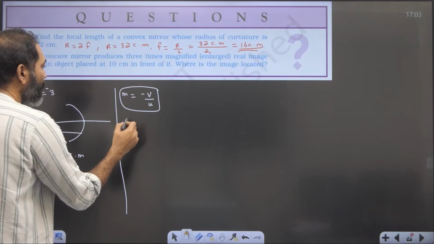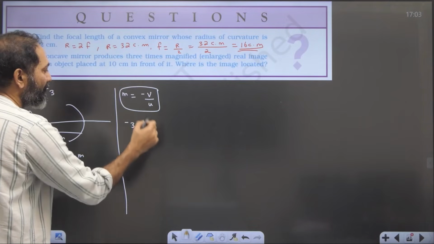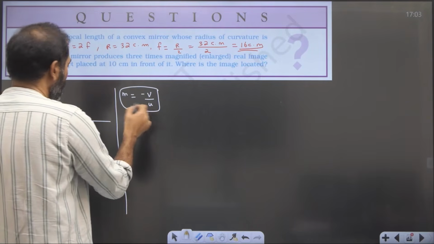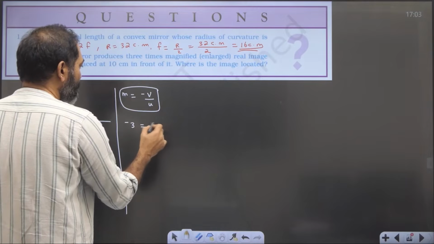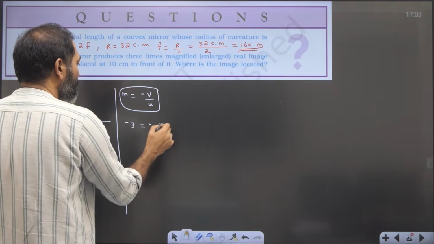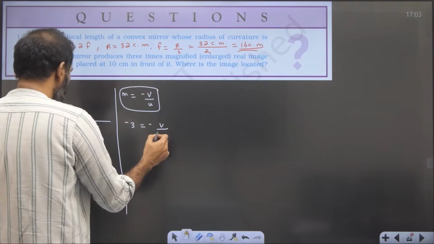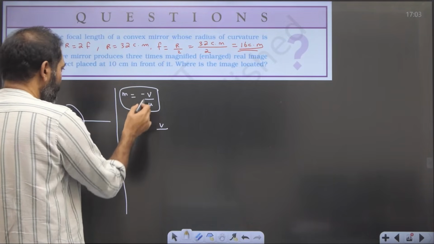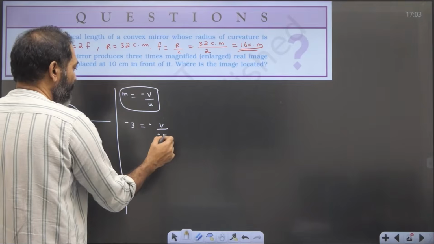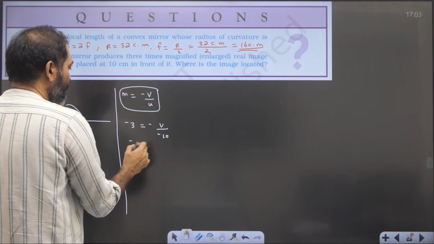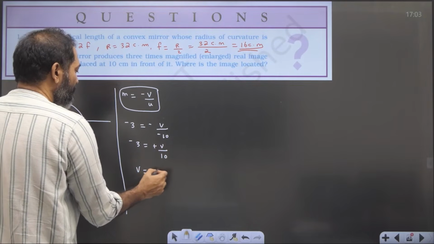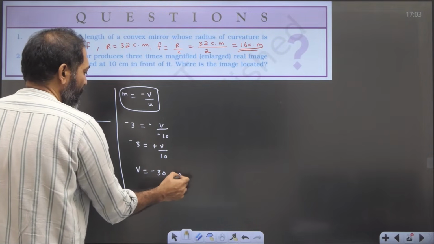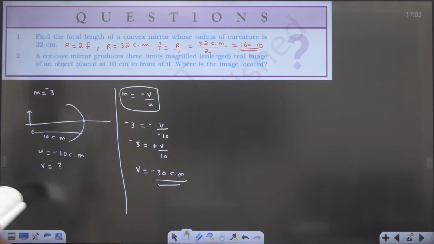The magnification we got is -3, and the object distance is -10. So -3 is equal to minus V by minus 10, which becomes -3 equal to plus V by 10. So what is the image distance? -30 centimeter.